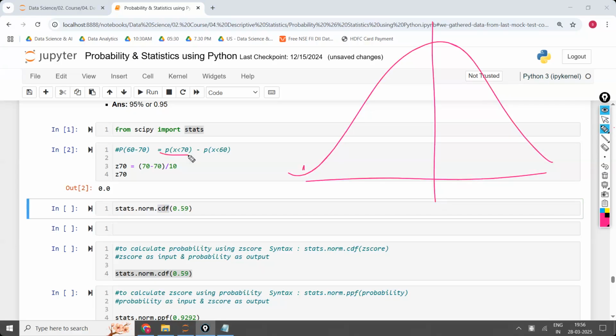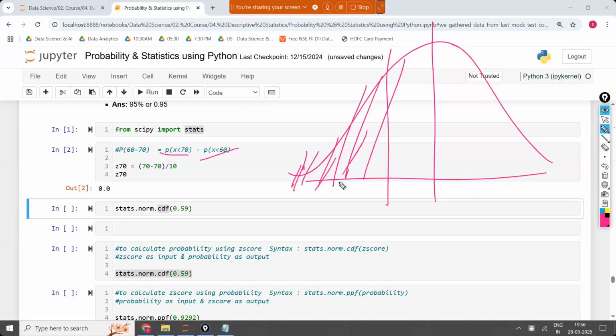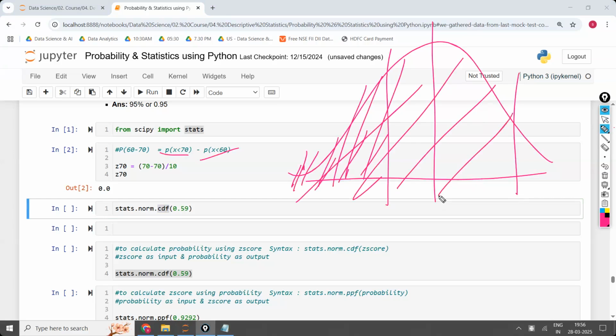Less than 70 means from where? Starting to 70. That minimum value to 70 is called what? Cumulative. Starting to 60, what is it called? Cumulative. Starting to 90? Cumulative. So what you are calculating is basically cumulative probability.